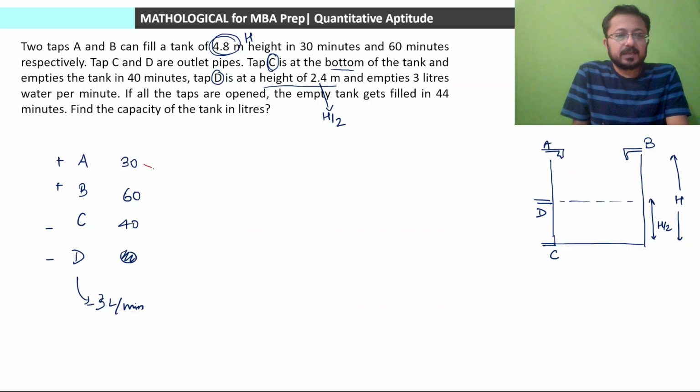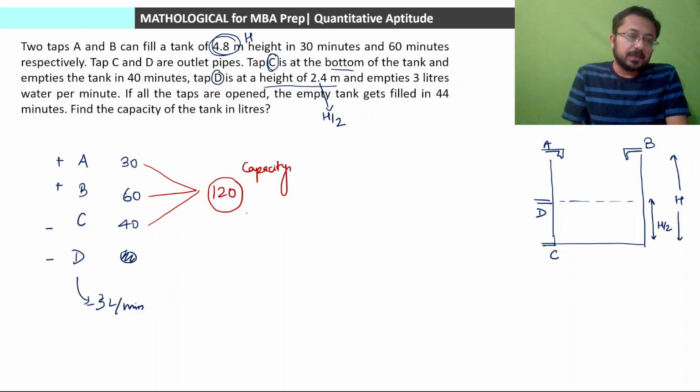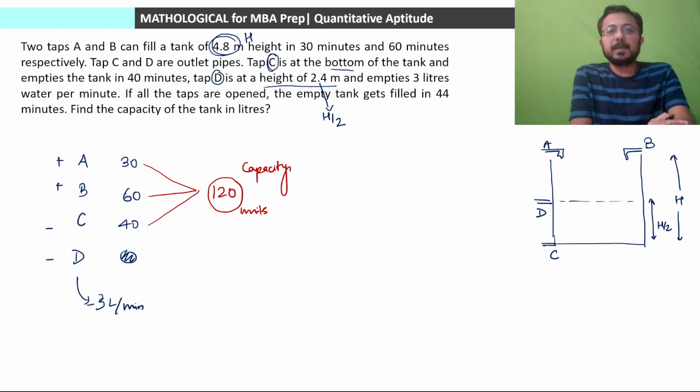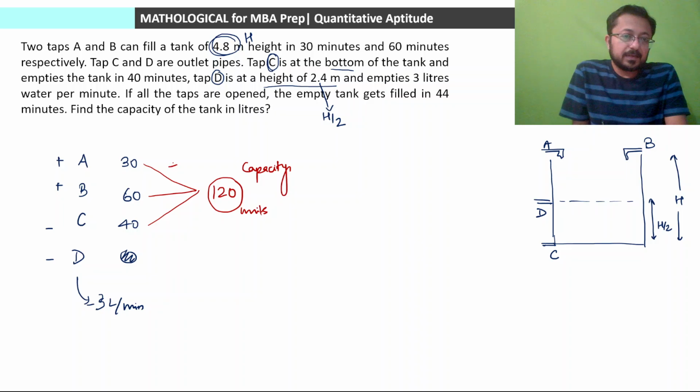ठीक है, so let us take LCM for 30, 60 and 40. LCM is 120. So our capacity that we are assuming, this is not the actual capacity, our capacity is 120 units for the tank. And tap A is filling in 30 minutes. So tap A efficiency is 4, tap B efficiency is 2, and tap C efficiency is 120 by 40, minus 3.